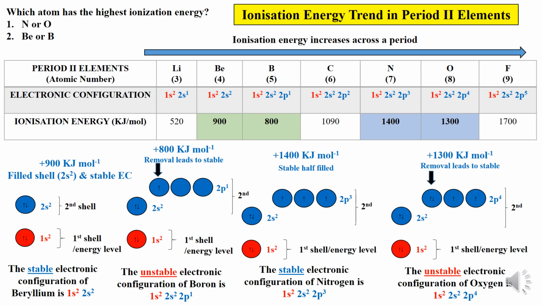While in case of beryllium, more energy is required because it already has a stable electronic configuration, so you have to disrupt it. So 900 kilojoules per mole of energy is required in case of beryllium as compared to 800 kilojoules per mole in case of boron.